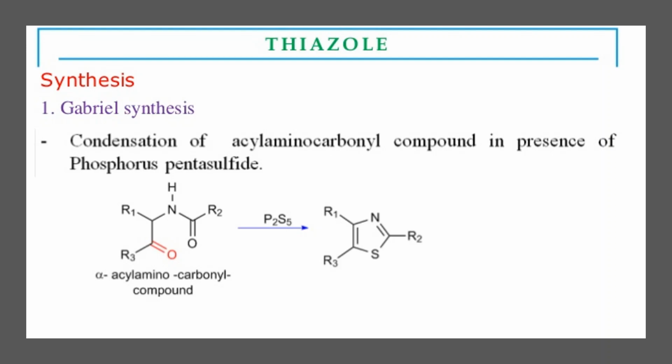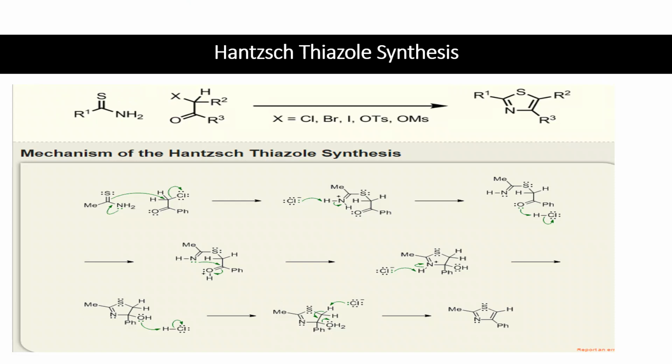When you treat it with phosphorus pentoxide, one of your oxygens gets replaced by a sulfur, which is shown in red, and that undergoes nucleophilic attack on your second carbonyl carbon to give your corresponding thiazole. That's the first method.